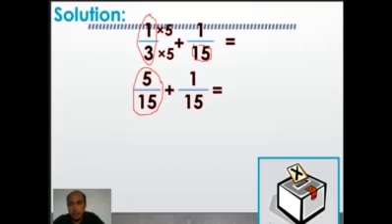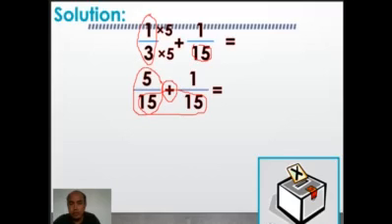And since we already have the same denominator, we can now proceed to the continuation of our solution. Since the problem asks for the total number of votes, we will use addition.